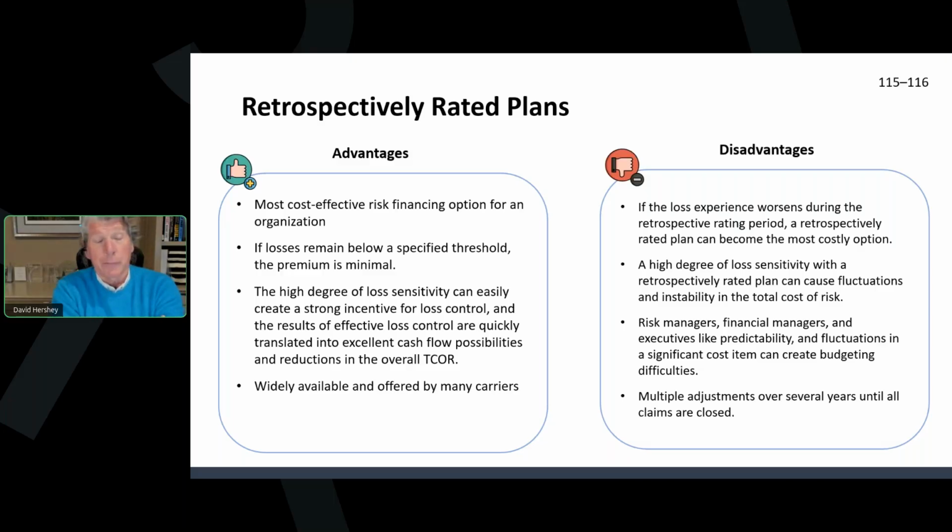Interestingly enough, I learned in doing one of these programs that many states, and I think all NCCI states, have an assigned risk plan for workers' comp, and an assigned risk will offer, if asked for or demanded by the insurer, a retro plan. I almost fell off my chair when I learned that.